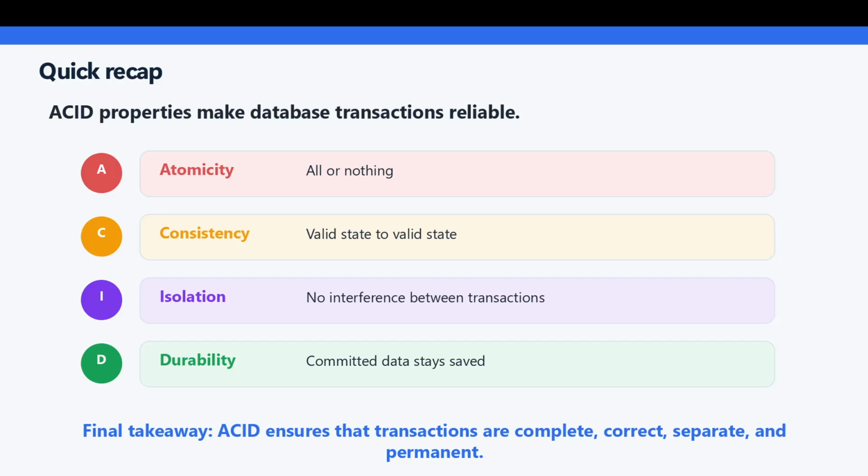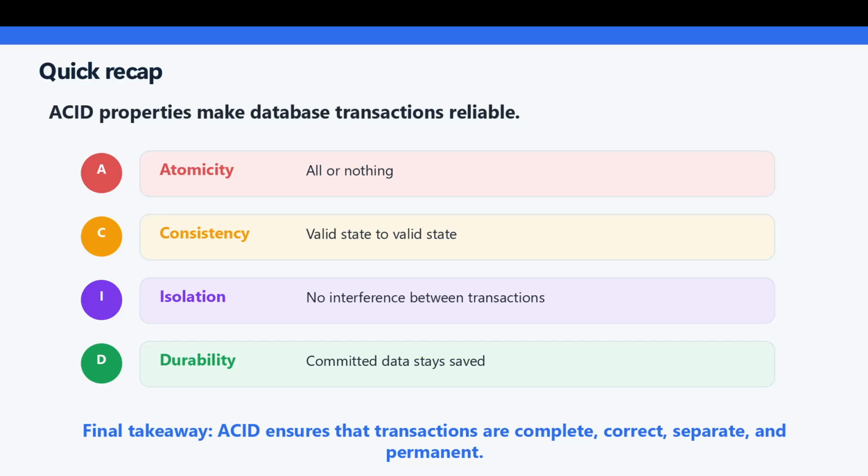Let us quickly recap the four properties. A stands for atomicity. Atomicity means all or nothing. Either the complete transaction is successful or the complete transaction is rolled back. C stands for consistency. Consistency means the database moves from one valid state to another valid state.